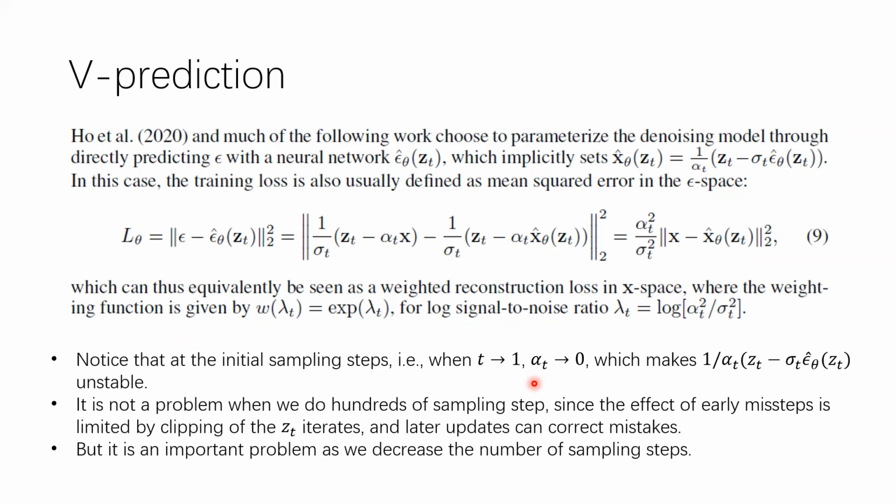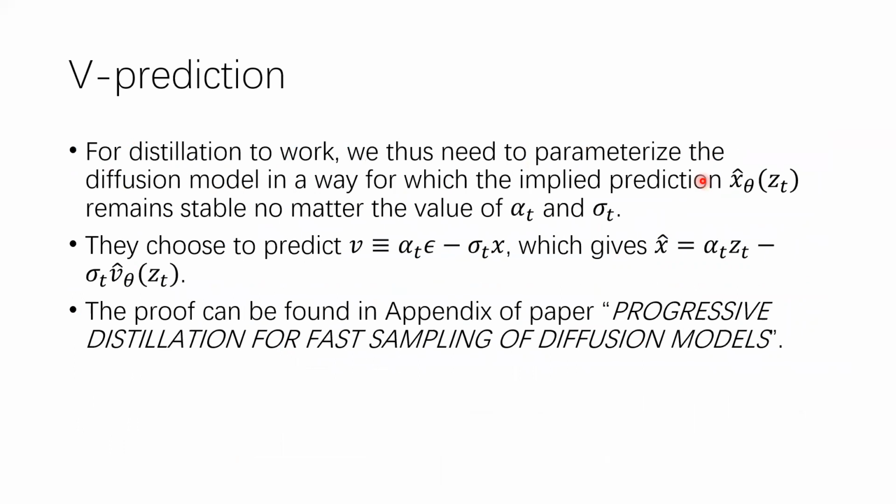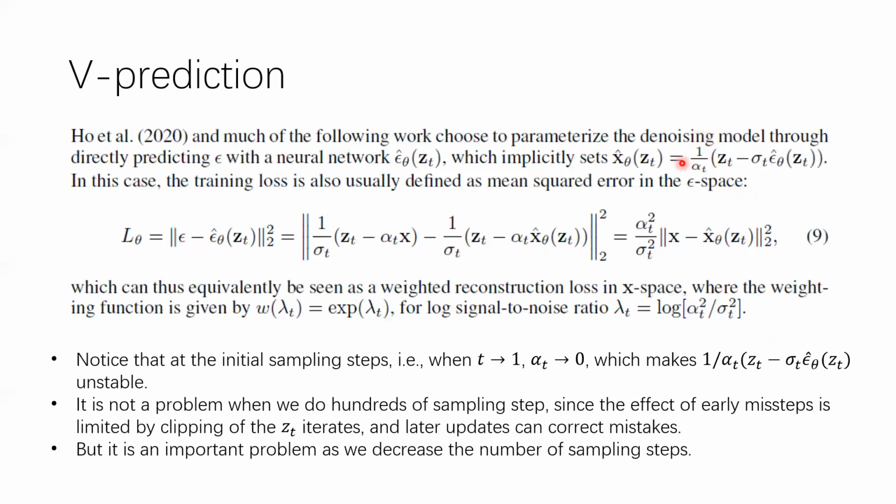However, when we decrease the number of sampling steps, each step matters, and this alpha_t becomes very unstable, which becomes a huge problem. So for this solution to work, we need to parameterize the diffusion model in a way for which the implied prediction x_hat remains stable no matter the value of alpha_t and sigma_t. So they choose to predict this v, which is defined here, and which gives x_hat equal to this result. You can see this is much more stable because they don't have a term like this.